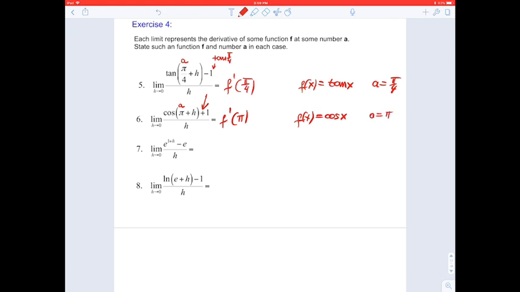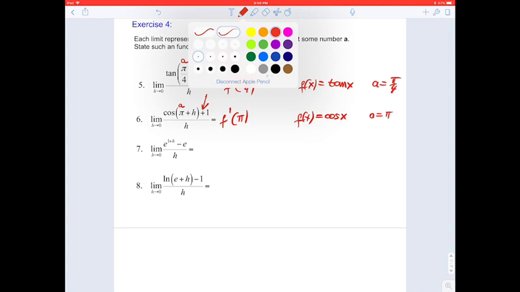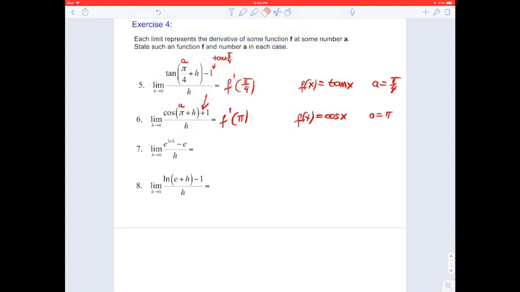I can use a different color to point at the plus, and come back to my red. This is supposed to be cosine at a, cosine at pi. But cosine at pi is negative 1. When we're subtracting a negative, everything works. That means this is still the derivative at pi for the function cosine of x.